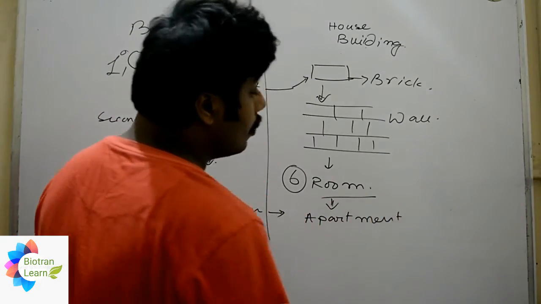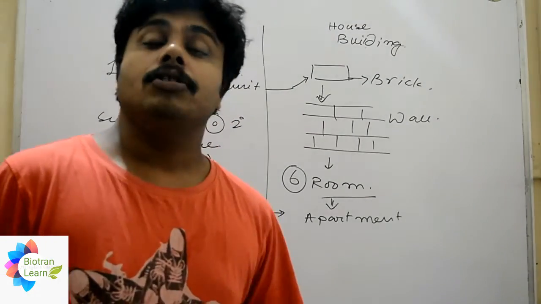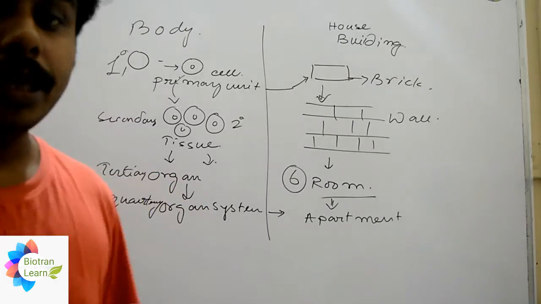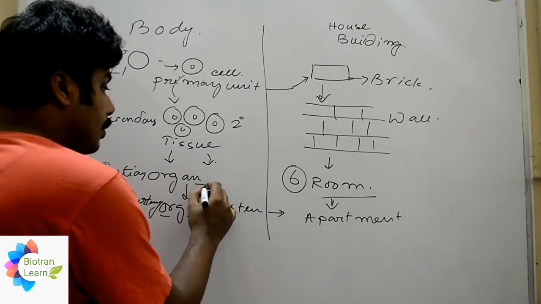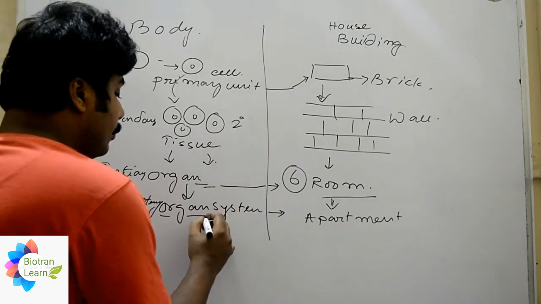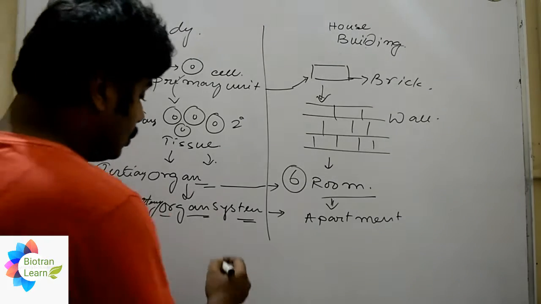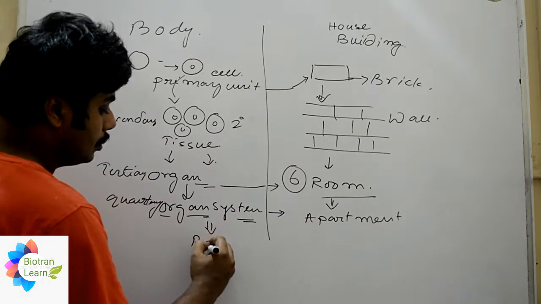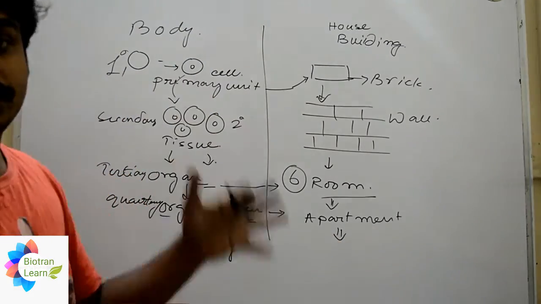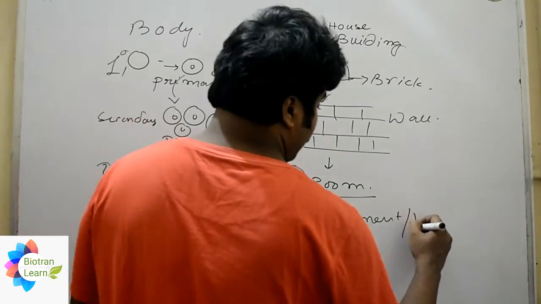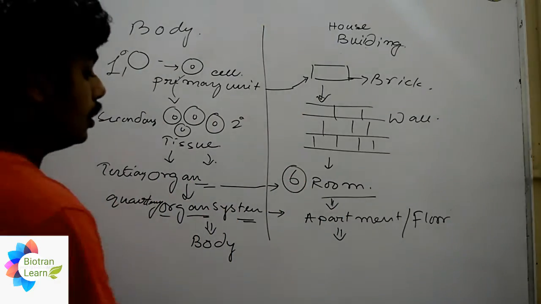It will comprise many rooms. We know that it could be a 2 BHK or 3 BHK. In this case, it will be a particular organ that leads to a particular organ system, and too many organ systems will form a body, and in here too many apartments or floors, we can have a building.